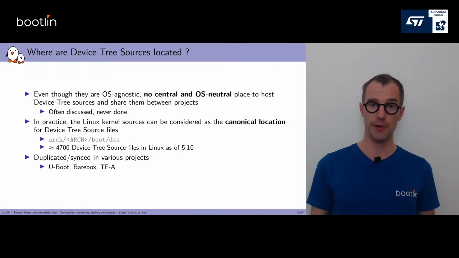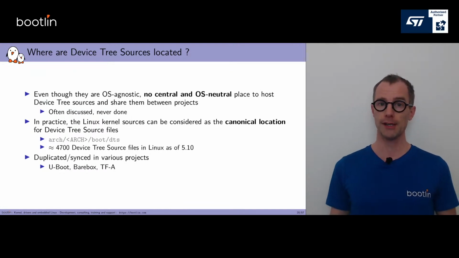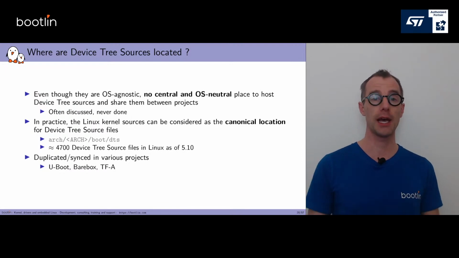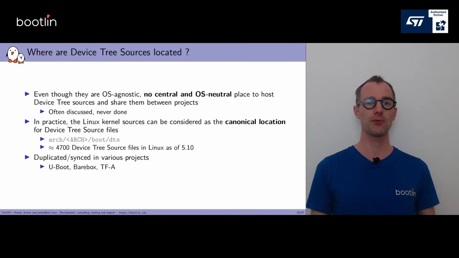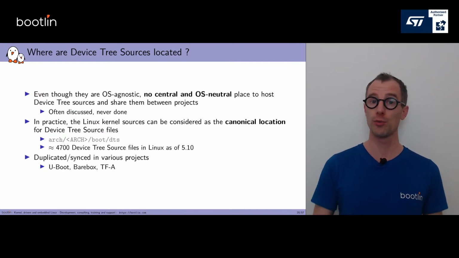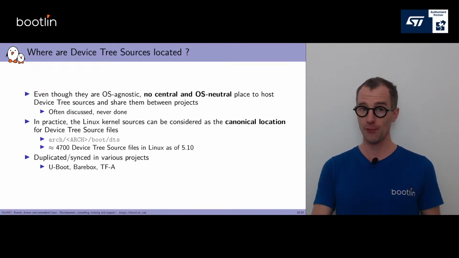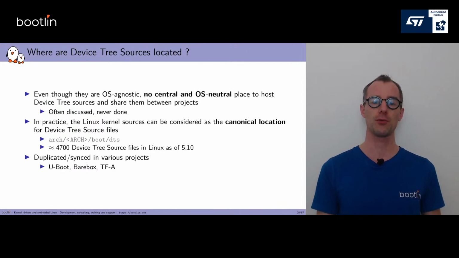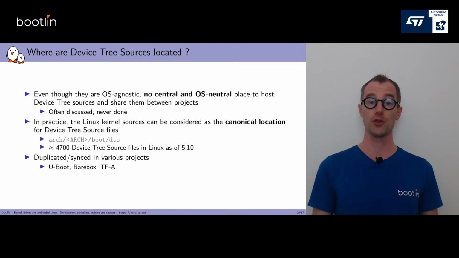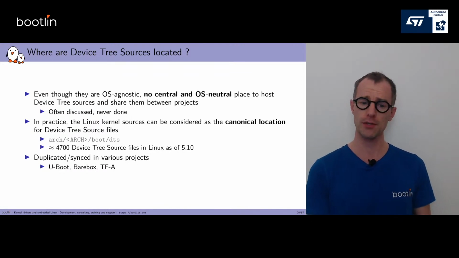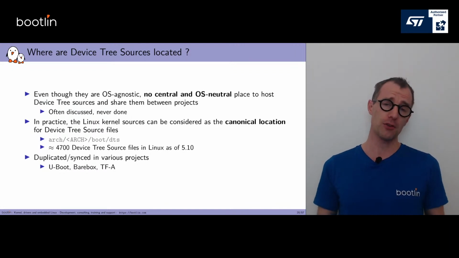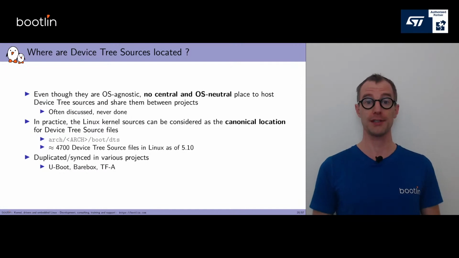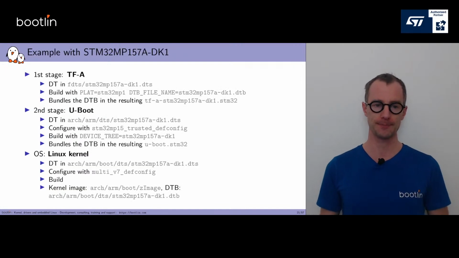Because those device trees are also used in other projects, they are typically duplicated, sometimes tweaked a little bit, and synced from time to time into other projects. That's what U-Boot, Barebox, TFA, which is the new name of ARM Trusted Firmware, and perhaps a few other projects are doing. So this is not optimal, obviously. In general, in open source, we don't really like duplication, but at the moment, this is pretty much what is happening with those device tree source files.